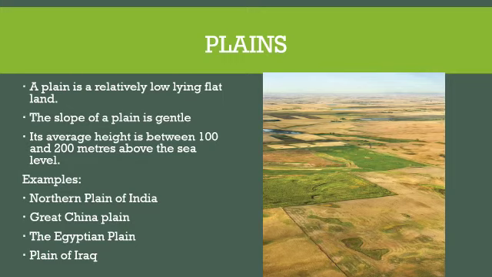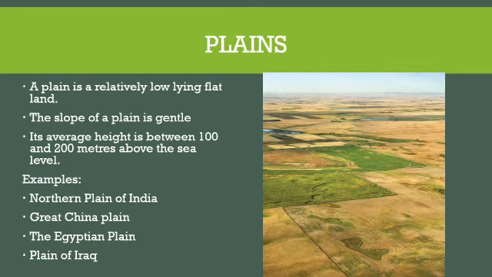The northern plain of our India, of which our Haryana state is also a part, the Great China Plain, the Egyptian Plain, and the plain of Iraq are the main examples of this type of landform.